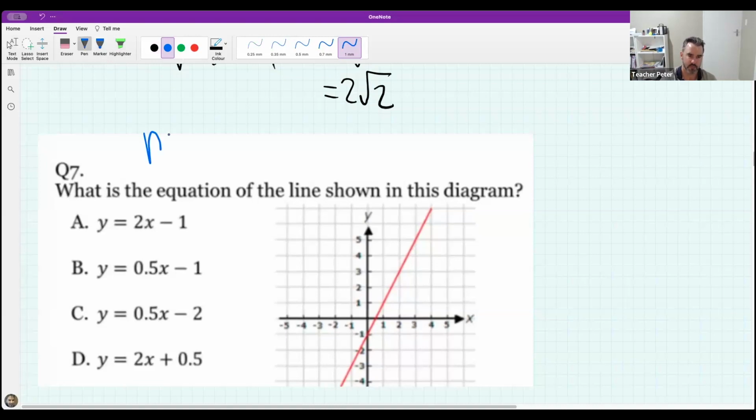Remember our 2 steps. What are we looking for? Which one of these do we know easily?